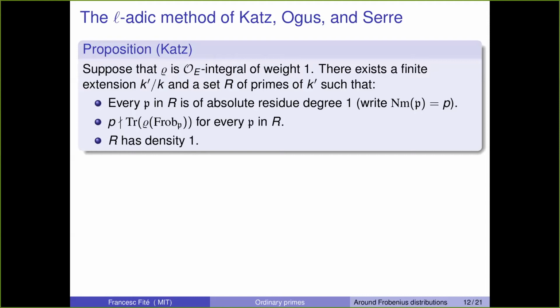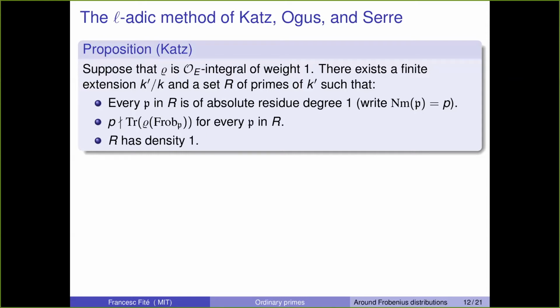And well, the first part tells you: start with some continuous representation rho as the ones we've been discussing, which is integral and of weight 1. Then there exist two things.